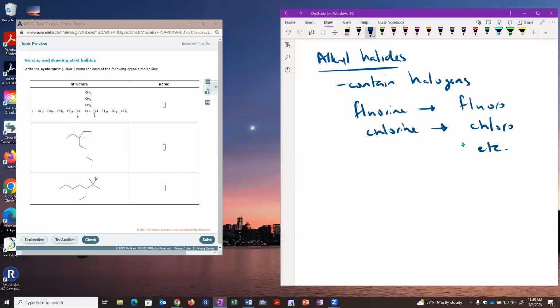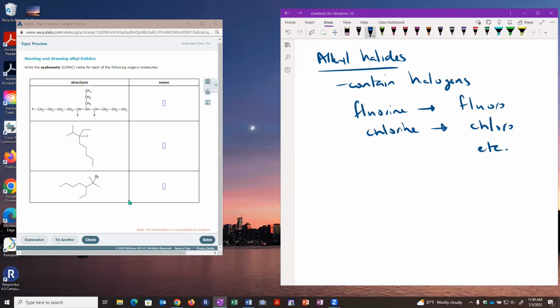We want to establish our longest continuous carbon chain to begin with. If I look at the one down here at the bottom, I have a skeletal chain going all the way across, like this. Here I have a Br and one stick, I guess, if you want to call it that, and then another branch coming off here.